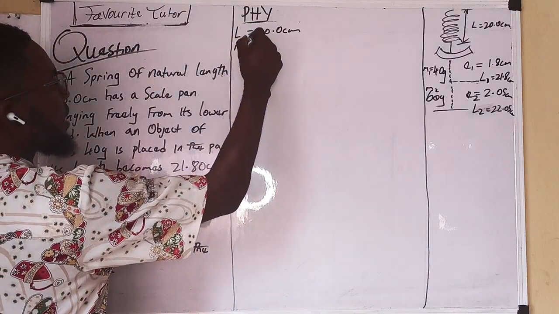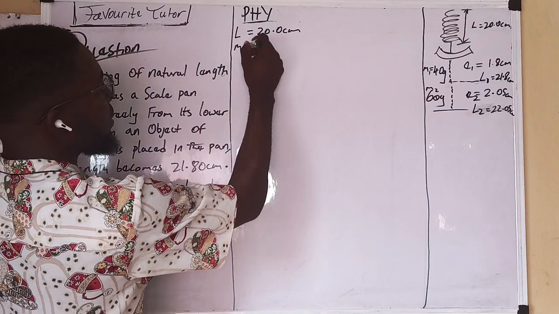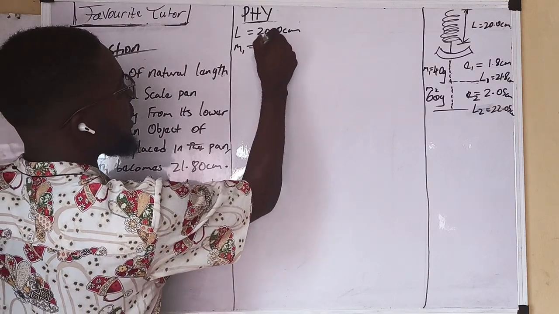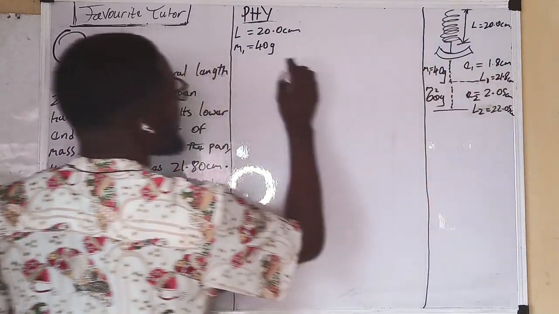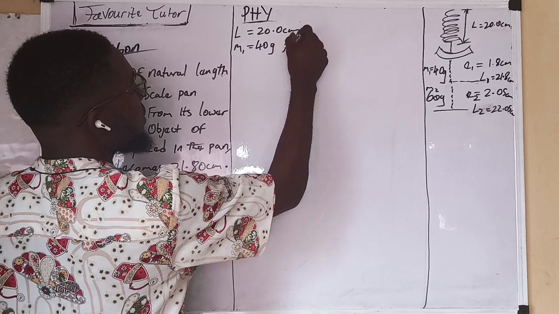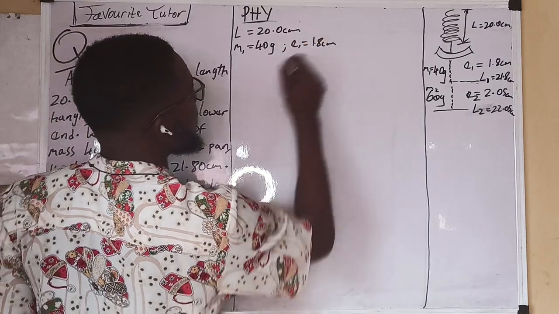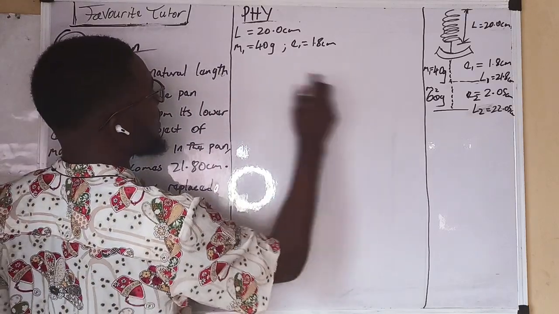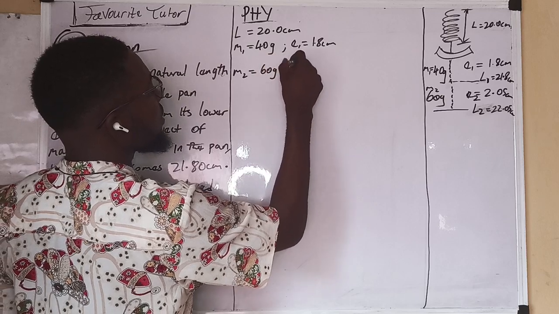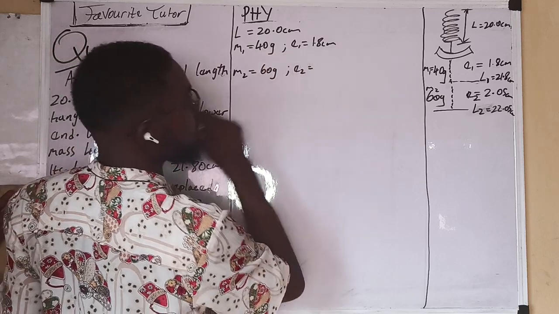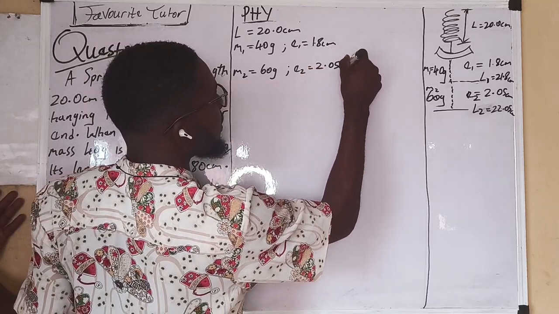The first mass, mass 1, is 40 grams, and it gave us an extension 1 of 1.8 centimeter. The next one, mass 2, is 60 grams, and it gave us an extension 2 of 2.05 centimeter.